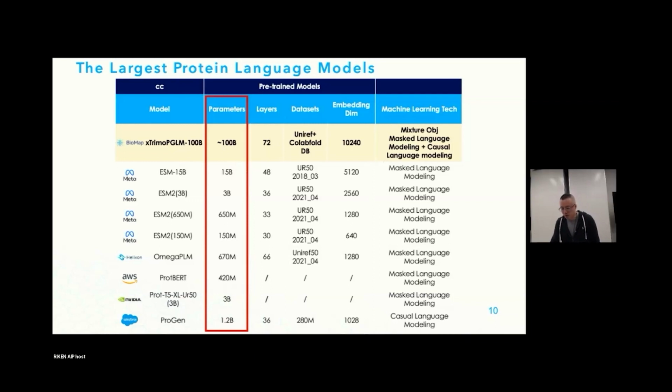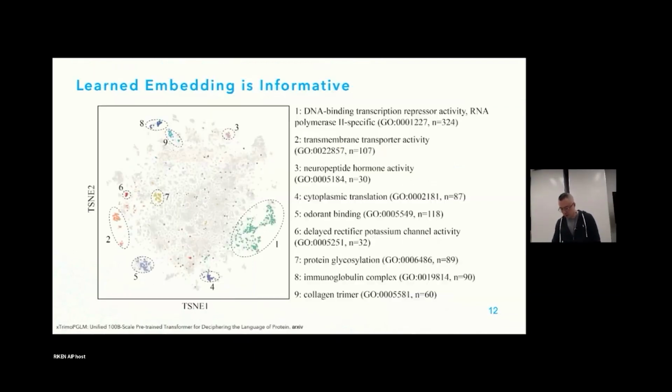So the model is trained just with these masked language model and generative objective functions. But after you finish training the model, what you will find is the embedding space has already captured some meaning or function similarity between different proteins, right?